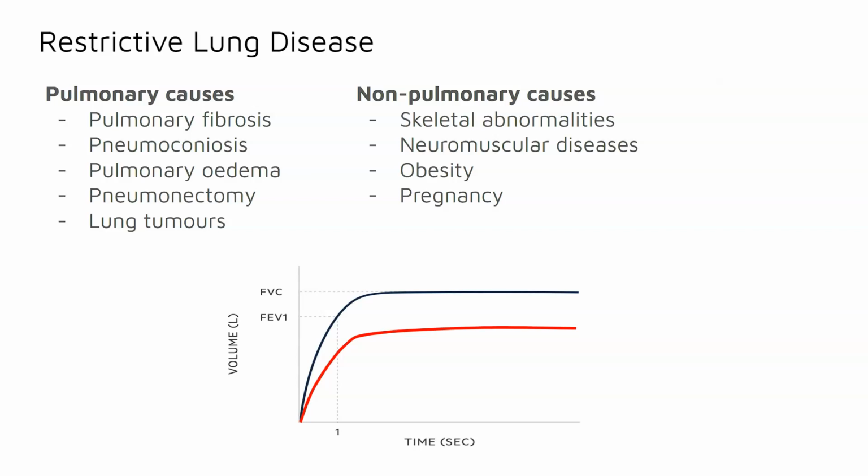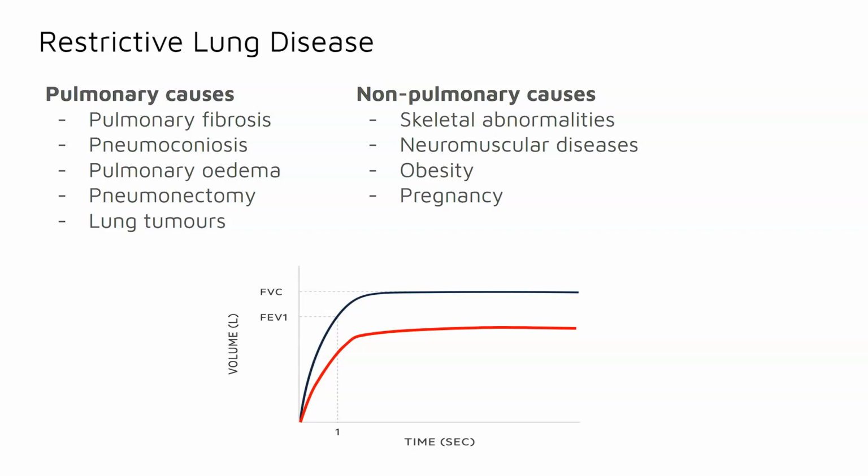And this could be something such as pulmonary fibrosis, which is the breakdown of the fibers in the lungs, the stiffening of those fibers, the damage to those fibers. Pneumoconiosis, I'm not too familiar with that, but I know it has to do with a fluid that gets into your lungs and stays there for quite some time, causing swelling in your lungs, causing the lungs to not be able to expand and shrink properly.